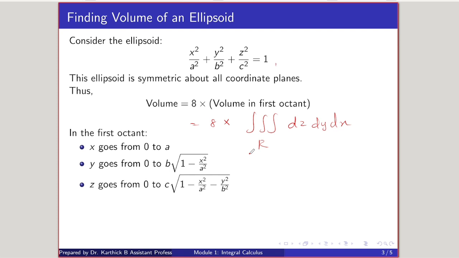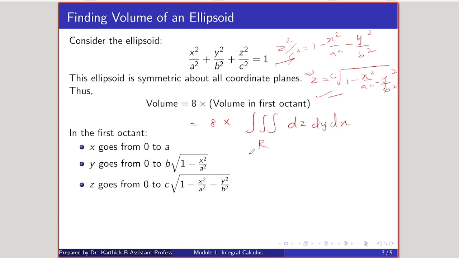Simply from this equation, z square by c square equals 1 minus x square by a square minus y square by b square, so z equals c times the square root of 1 minus x square by a square minus y square by b square. In the first octant all the variables x, y, z start from the origin, so the lower limit will always be 0. So here we get the upper limit of z.